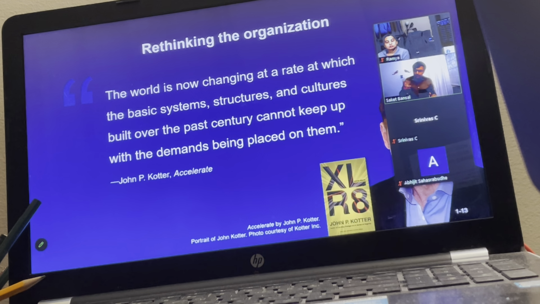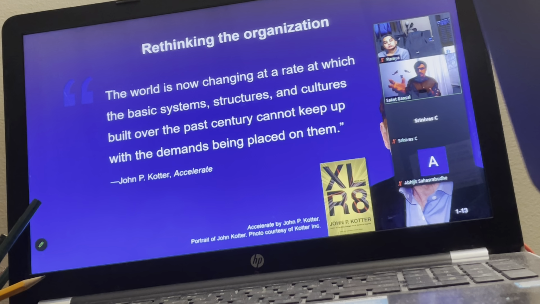Now, how do we work in this digital age? The digital age has characteristics of uncertainty and complexity. So the solution: this guy Kotter talks about how, in order to deal with the current digital age, companies need to redesign themselves. They need to come up with a style which enables them to respond to dynamic market situations faster.